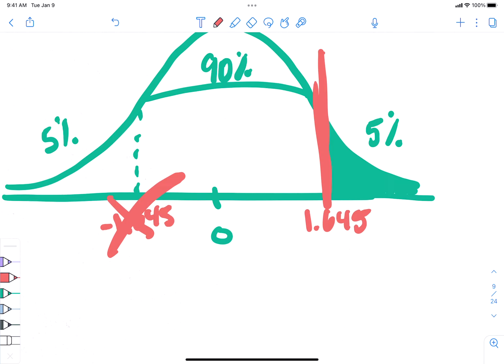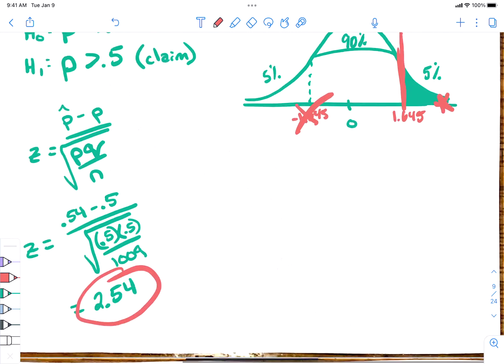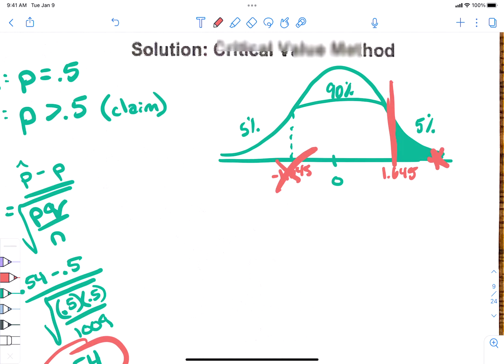Would you think that 54% would be close enough to 50%? Maybe, kind of depends. In this case, they say no, right? 2.54 is in the extreme range. So they're saying 54% is not the same thing as 50%, right? It is over beyond, okay?